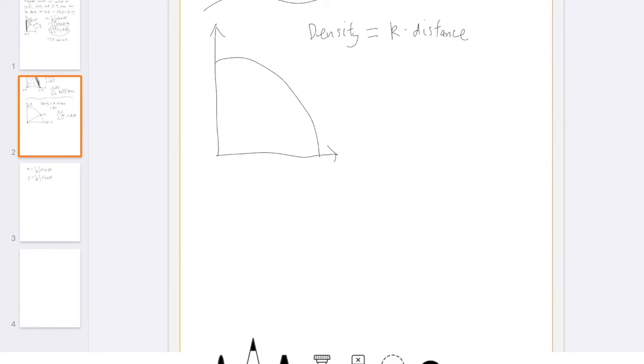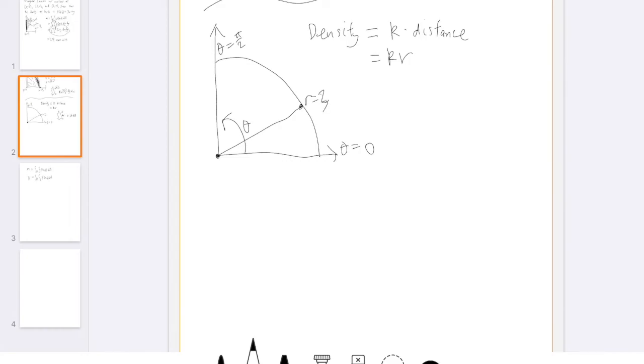So in polar coordinates, this distance from the origin to any point is just the radius. So we can say density is kr. Now, for our theta bounds, we can see that theta goes from theta equals 0 to theta equals pi over 2. And for our radius, we can see it goes from r equals 0 to r equals 3 everywhere because it's a circle.